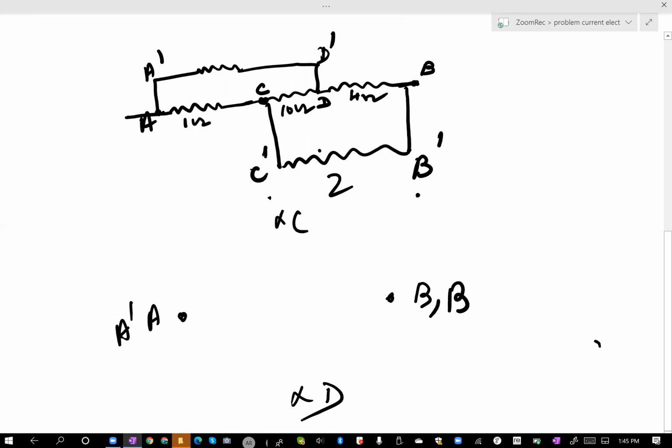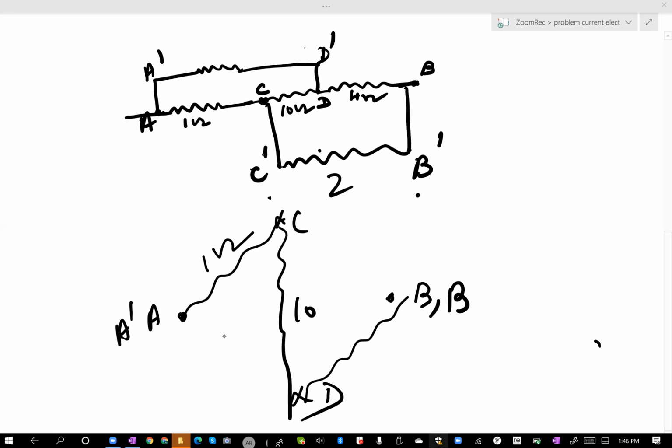Between A and C, you have 1 ohm. Here, A and C, 1 ohm. And then C and D you have 10 ohms. So this will be my 10 ohms. And then between D and B you have 4 ohms here.